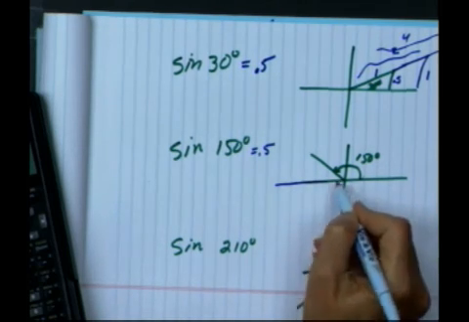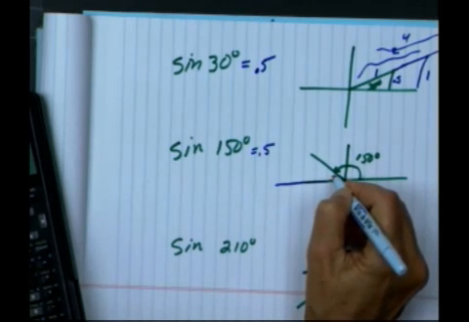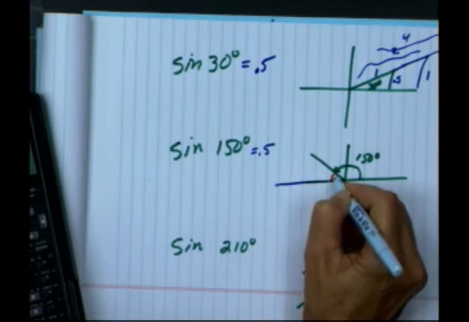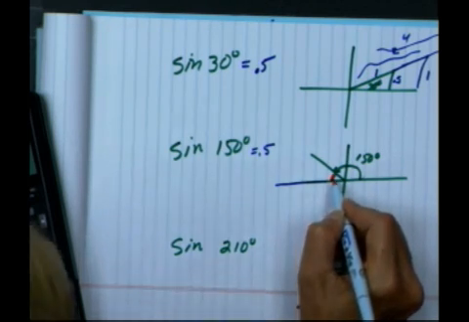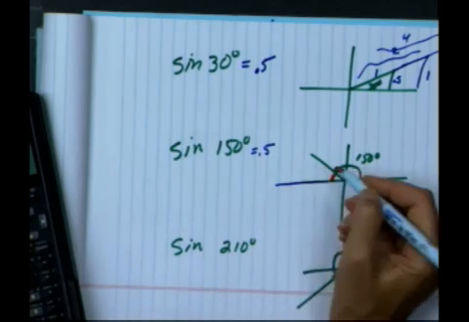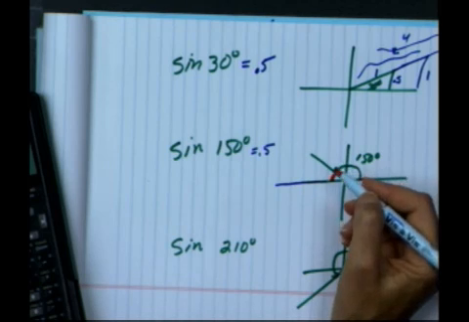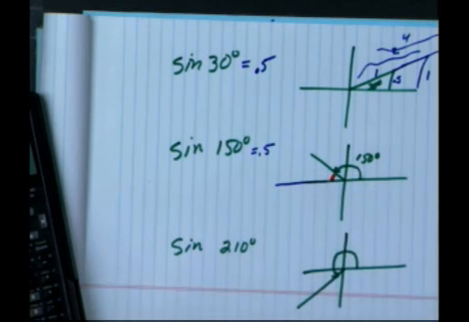The little reference triangle is going to use a reference angle which is always with respect to the x-axis. A reference angle is always with respect to the x-axis. Repeat that. A reference angle is always with respect to the x-axis. So it's going to be an acute angle with respect to the x-axis. What's an acute angle?